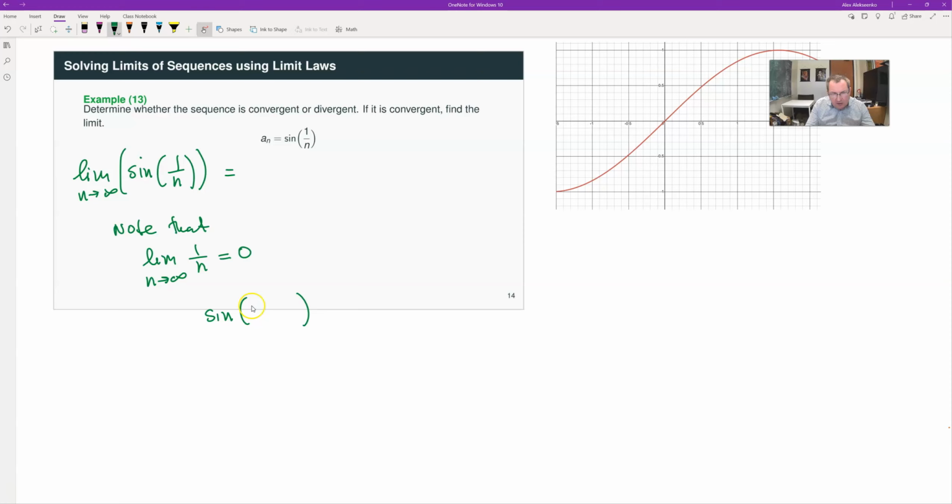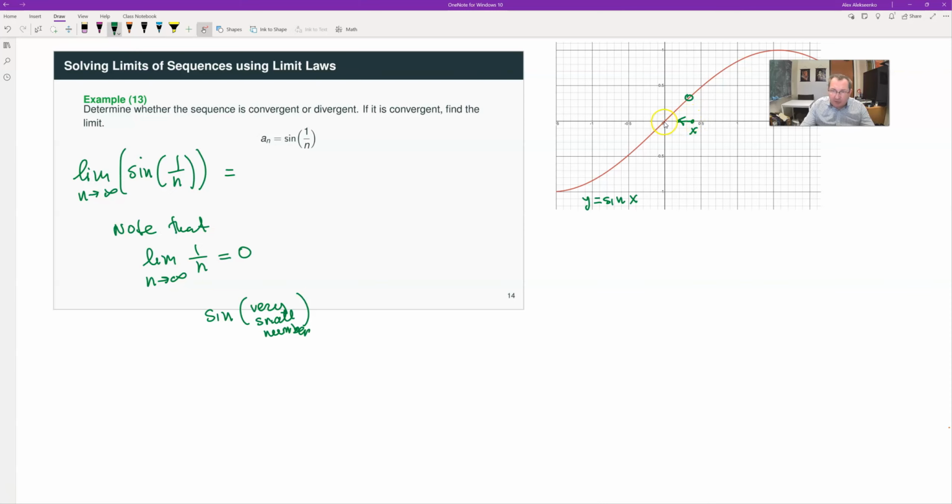sine evaluated on a very small number. And if we look at the graph of sine, this is a graph of sine x here, as the number x gets close to 0, the value of the sine also gets close to 0.